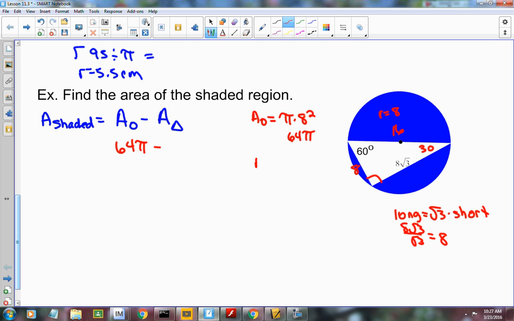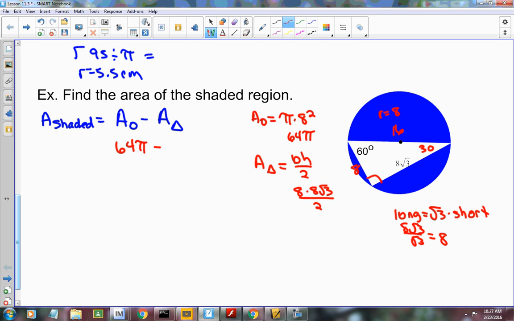Okay, now I need to find the area of the triangle. Okay, the area of the triangle is base times height divided by 2. What are my base and my height? Base is 16. No, be careful, because your base and your height have to be perpendicular. Okay, so we've got 8 times 8 radical 3 divided by 2.